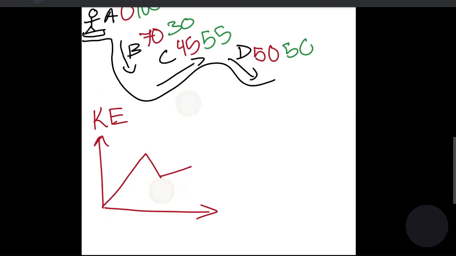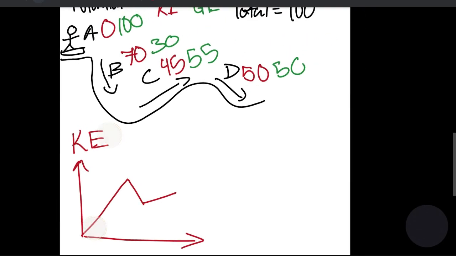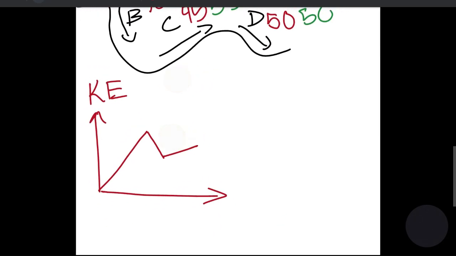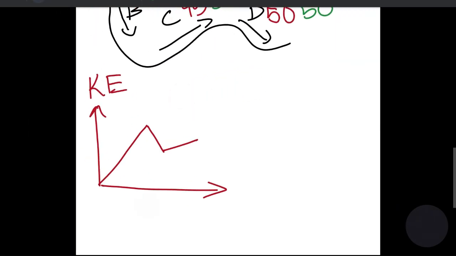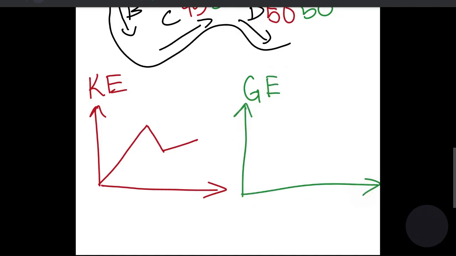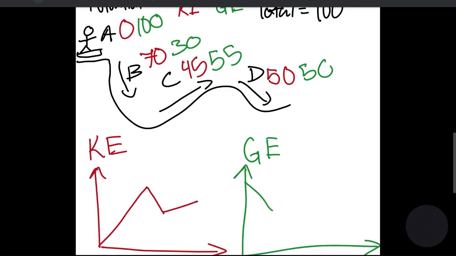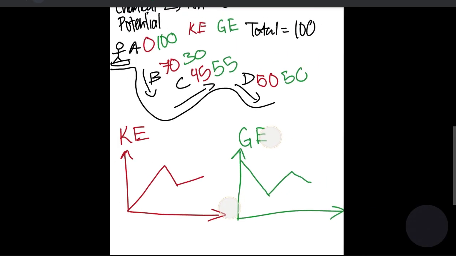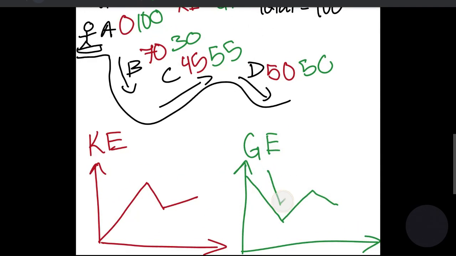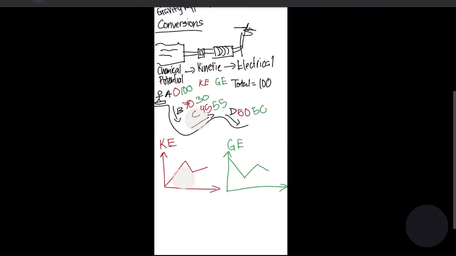So you can see that it increased, then decreased, then increased a bit. Then for GE, it will start from 100, 100 to 30 to 55 to 50. You see it decrease, decrease, decrease. The next one is increase, decrease, increase. See?